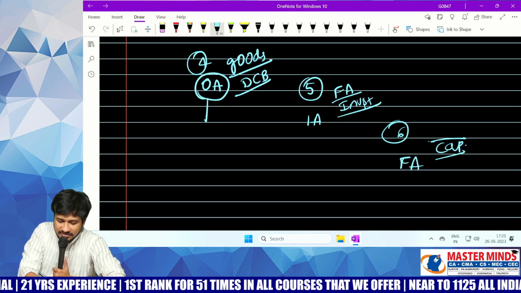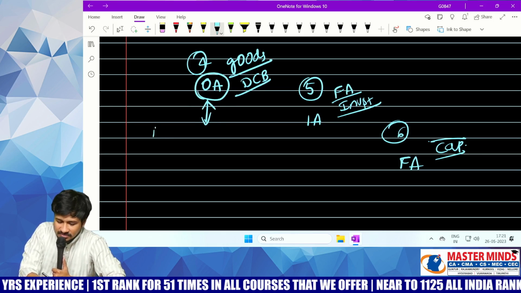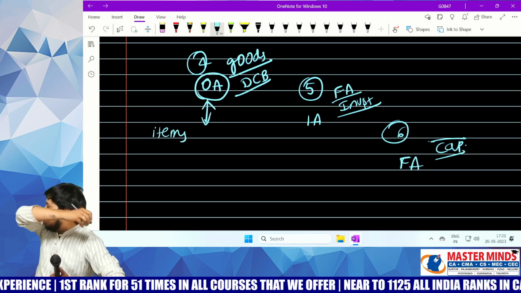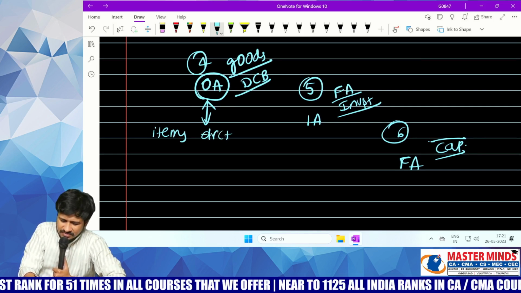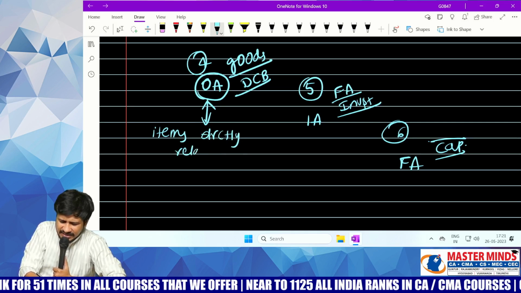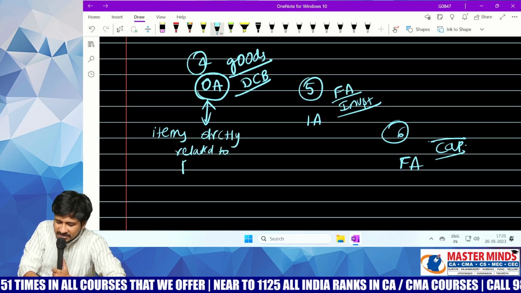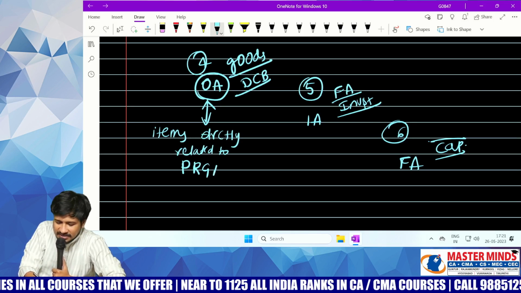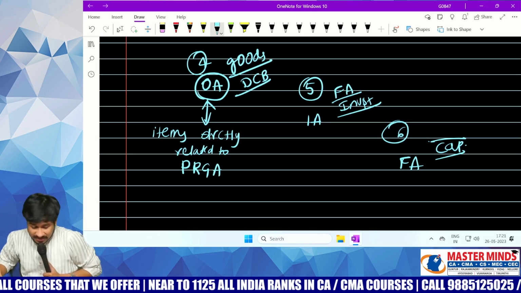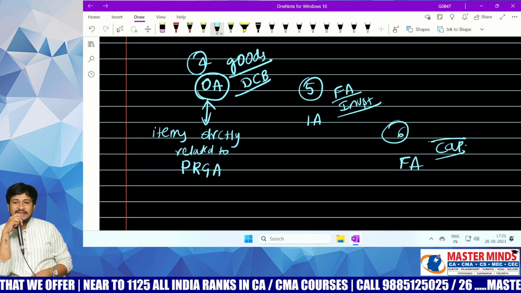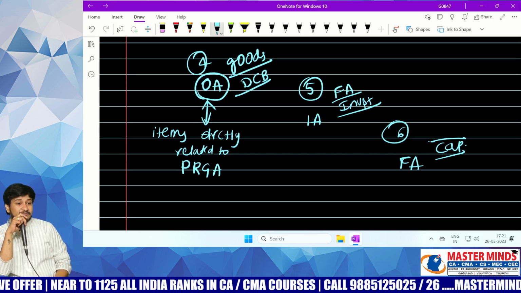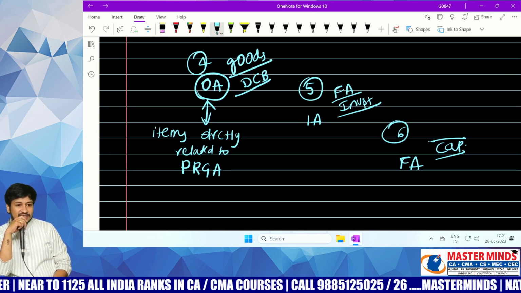Operating activities are those items which are directly related to principal revenue generating activities. Clear, everybody? Those activities which are directly related to principal revenue generating activities.